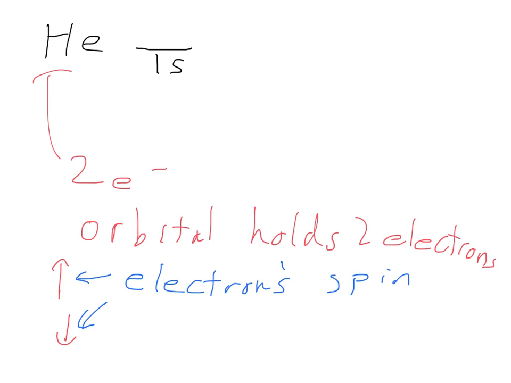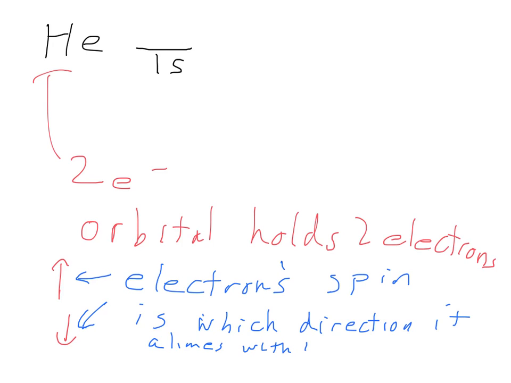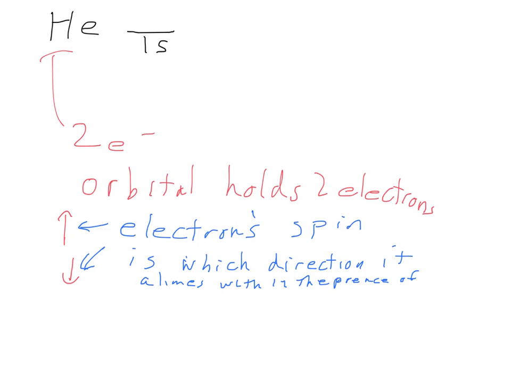The electron's spin is exactly what it sounds like. The electron's spin is which direction it rotates, or which direction it aligns itself with in the presence of a magnetic field.